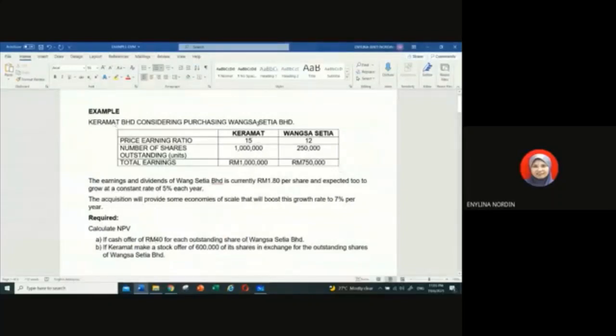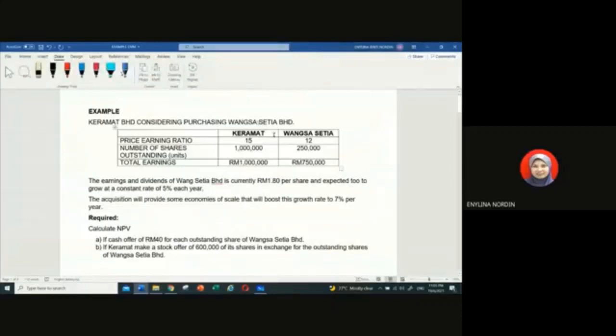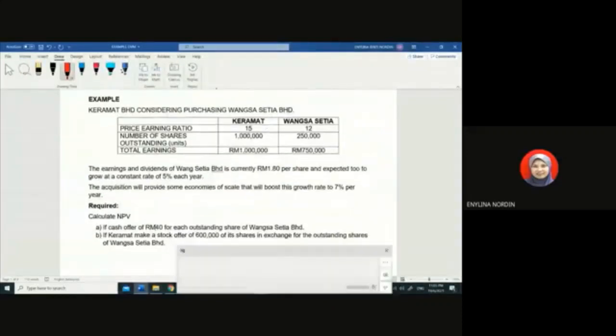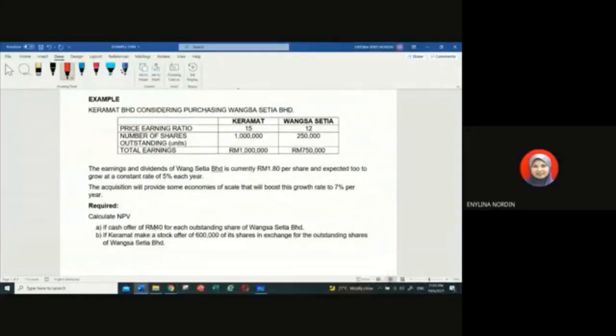Because we know that Keramat plans to take over or merge with Wangsa Setia, that means Keramat is the acquirer and Wangsa Setia is the target firm. So Keramat is going to pay cash to Wangsa Setia, 40 ringgit per share for every share in Wangsa. How many shares are outstanding in Wangsa Setia? It's 250,000.